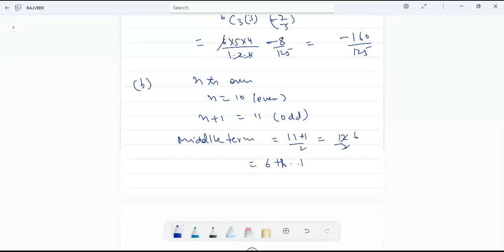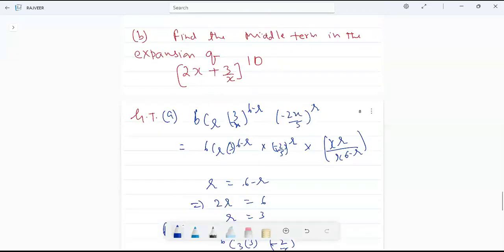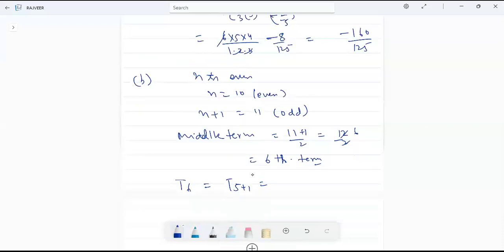We need to find the sixth term. So the sixth term will be T6, that is T5 plus 1. So it will be 10C5, not 6, 5, r is 1 less.